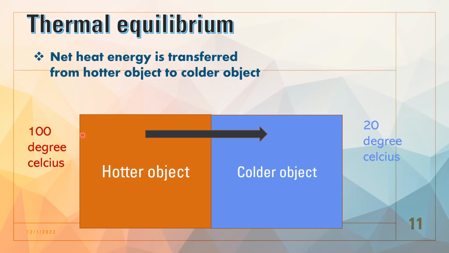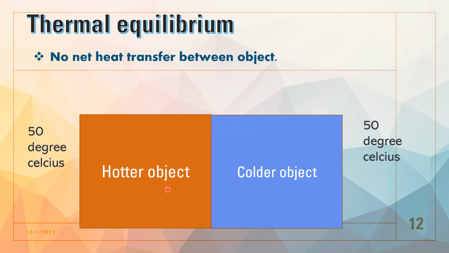The initial temperature of the hotter object is 100 degrees Celsius, while the initial temperature of the colder object is 20 degrees Celsius. We know that net heat energy flows from the hotter object to the colder object. So, the temperature of the hotter object will decrease, while the temperature of the colder object will increase.